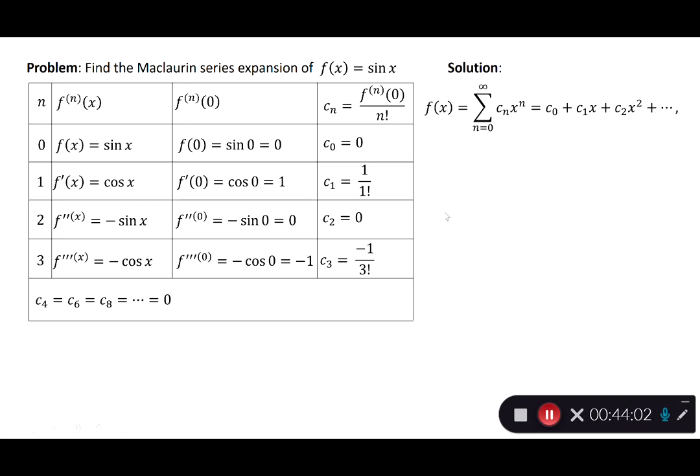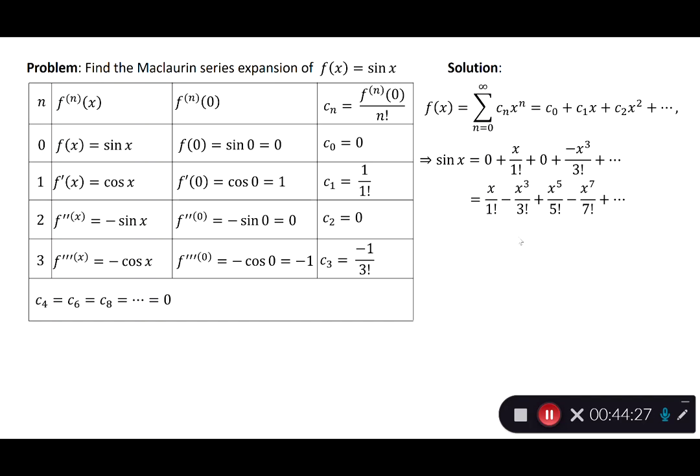So sine x equals, now plug the values of all the constants that you have. 0 plus c1 is 1 over 1 factorial times x, plus c2 is 0, so in that, write it like this. And of course, as you can see, you can simplify this and write it in a slightly different way.